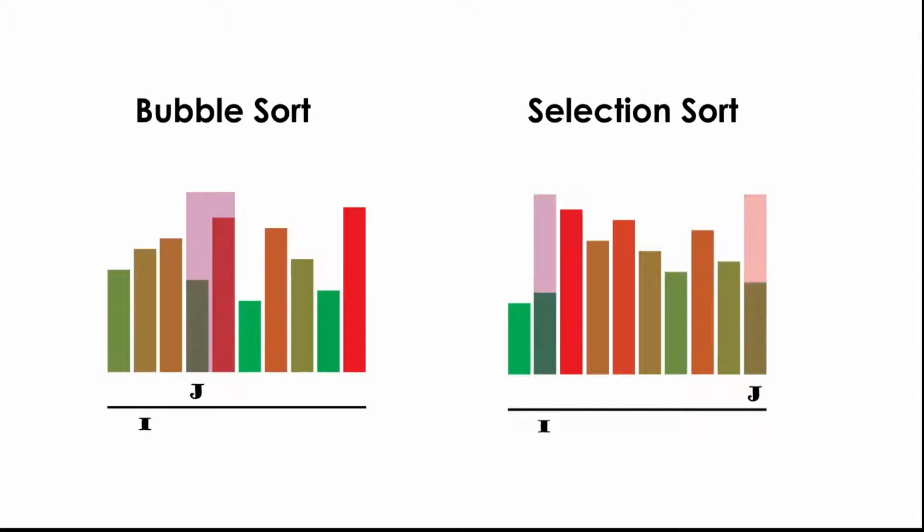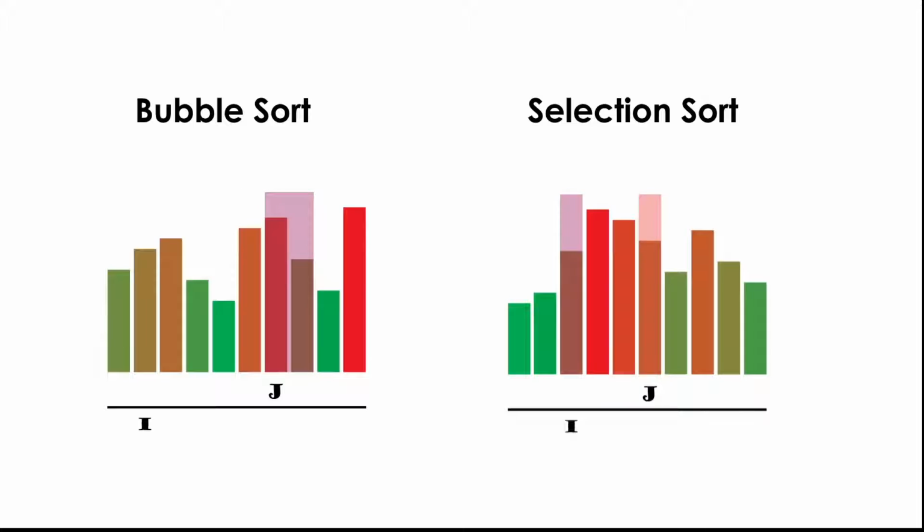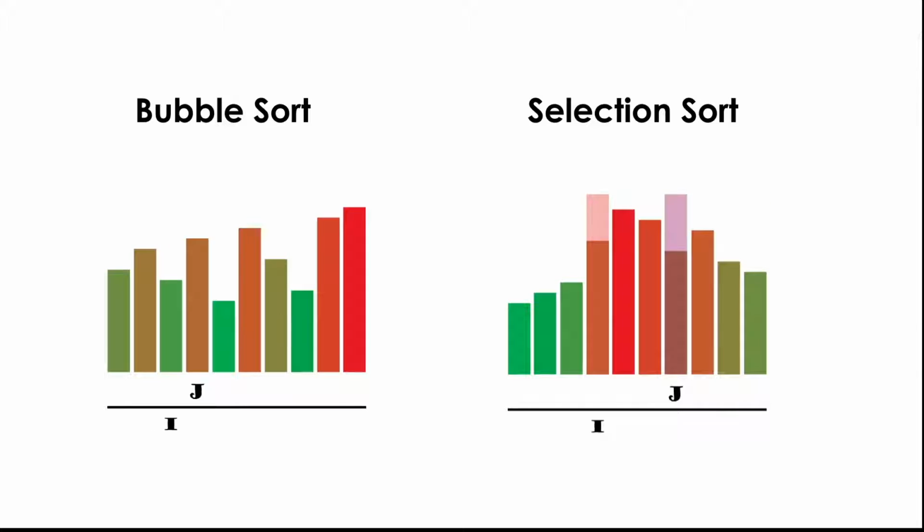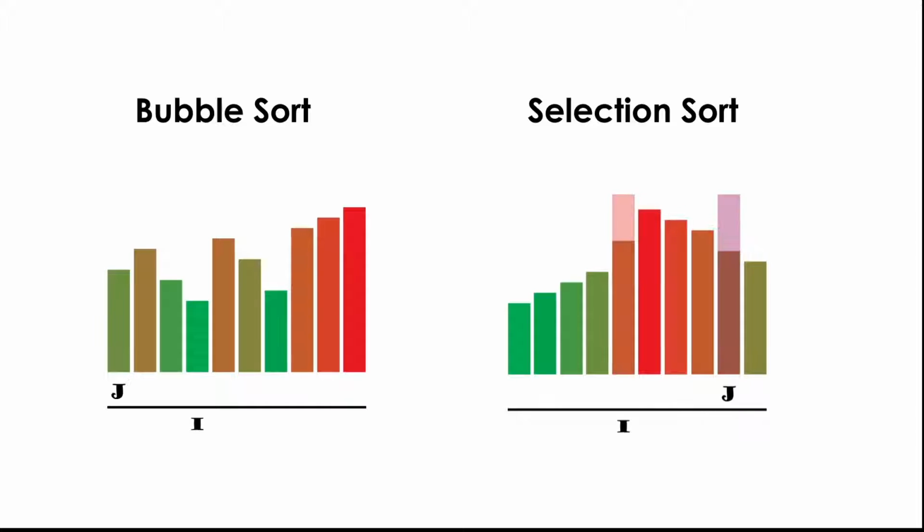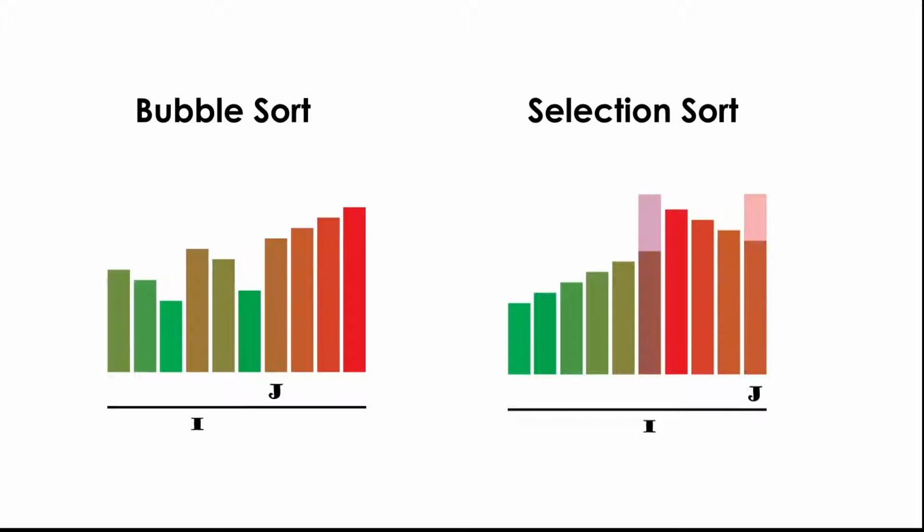And the reason why I think it's faster is because you're not going through the entire array each time in the inner loop. In the inner loop, you only go through the remaining unsorted items. So because of that, it's going to solve it a little bit quicker. You can see this one's still going through.